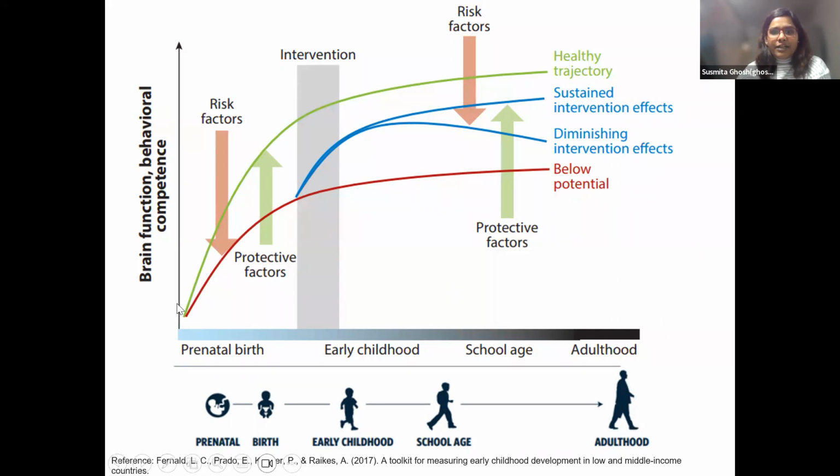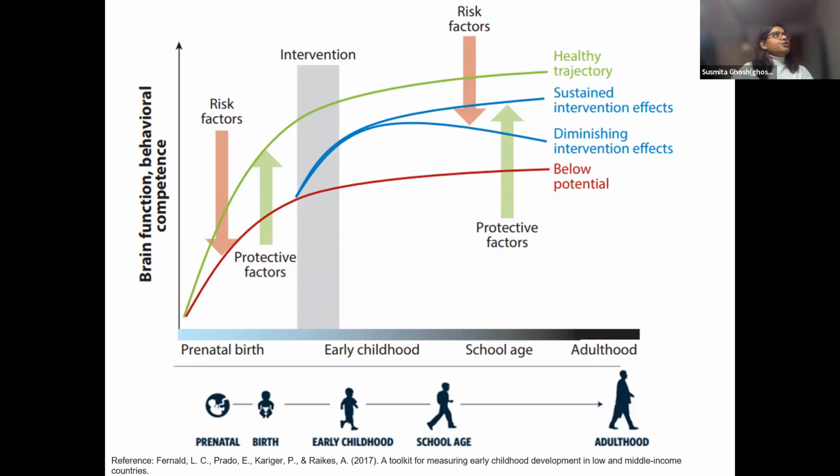In this figure, the vertical axis is showing the brain function or behavioral competencies, and the horizontal axis is showing the different life stages of an individual. The green line shows the healthy trajectory of brain and behavioral development from the prenatal period through adulthood.